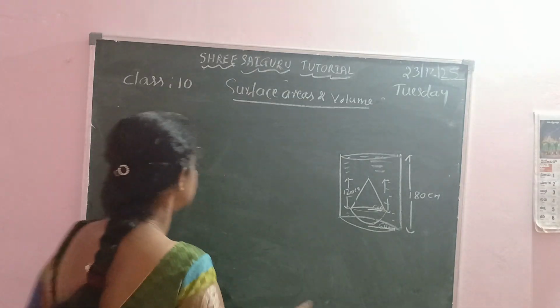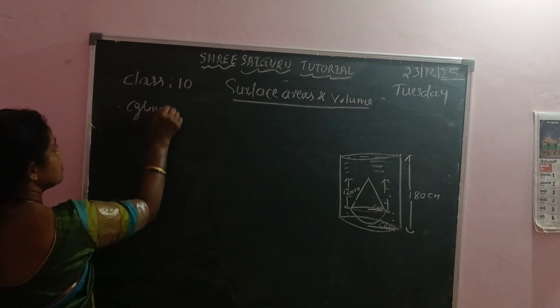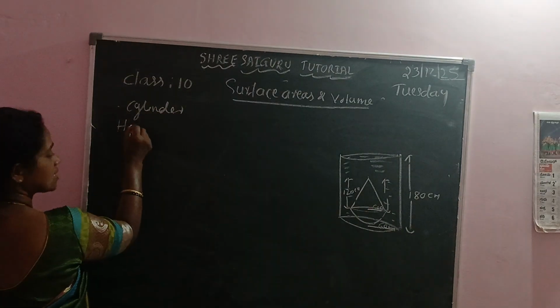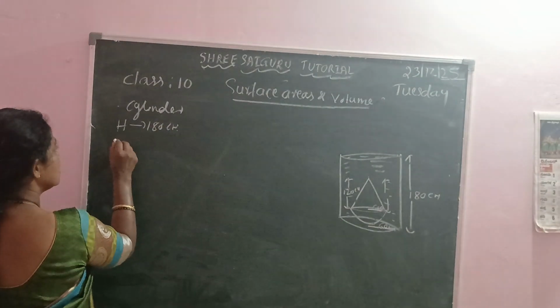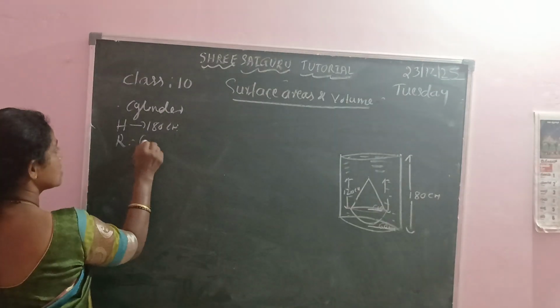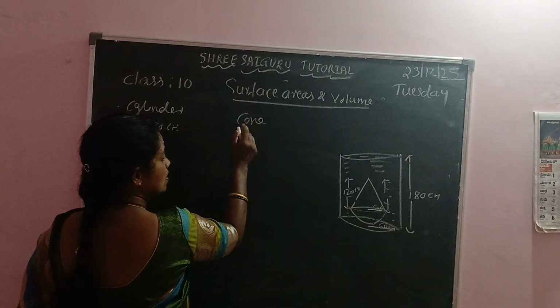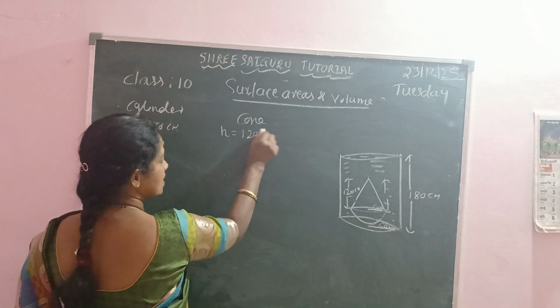Now, the same thing we have to mention for the cylinder. Height of the cylinder I will mention as capital H, that is 180 centimeter. The radius capital R is 60 centimeter, and for the cone, the height of the cone is 120 centimeter.